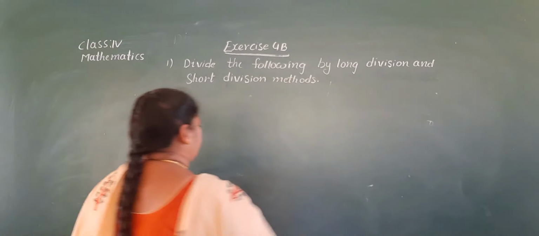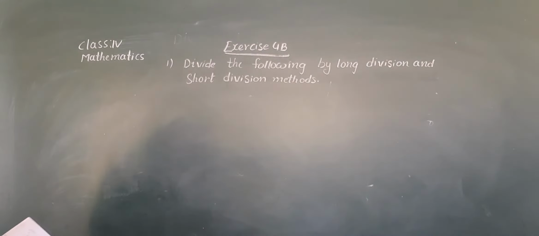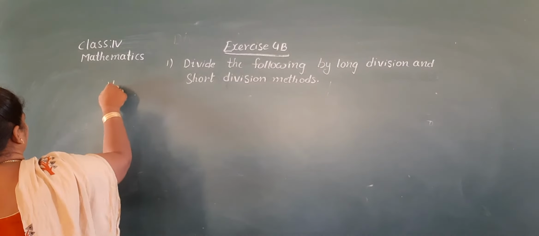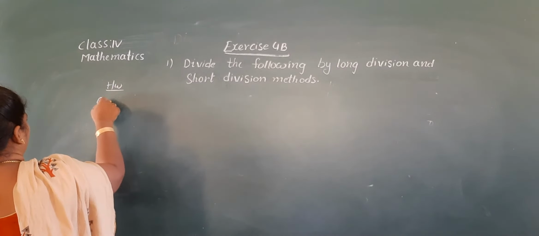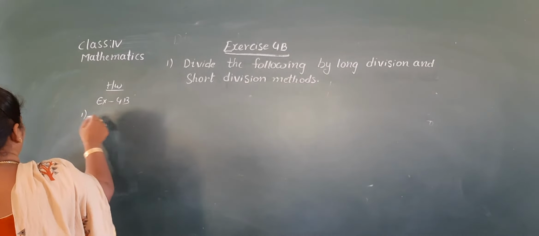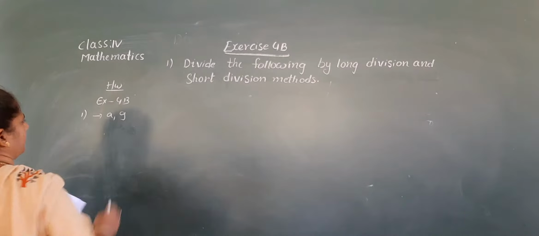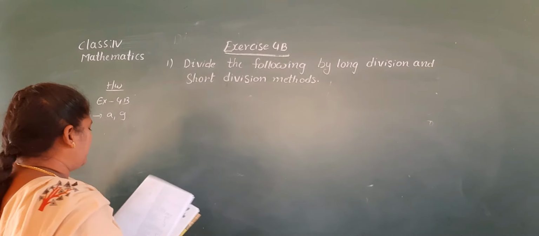So put a tick mark for homework. 576 divided by 32. Today the homework problems are exercise 4B, first Roman, A and G. 2 problems only. Now I will explain H.